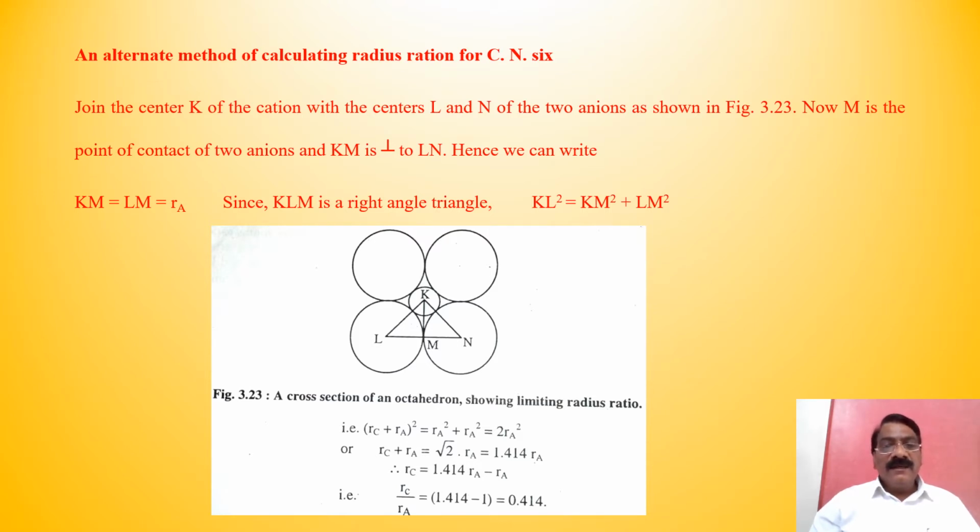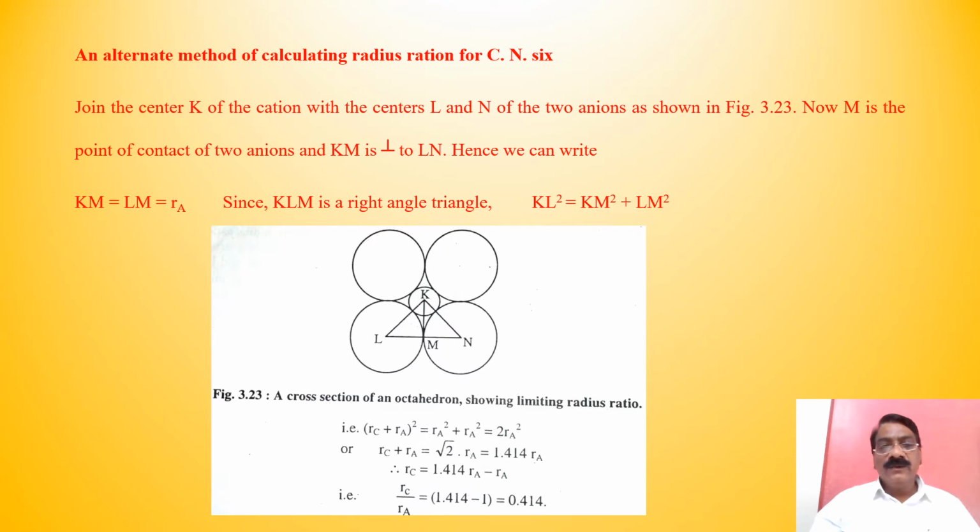As per the right angle triangle, KL square is equal to KM square plus LM square, that is Rc plus Ra square is equal to Ra square plus Ra square, which is twice Ra square, or Rc plus Ra is equal to root 2 into Ra, which is 1.414 Ra.